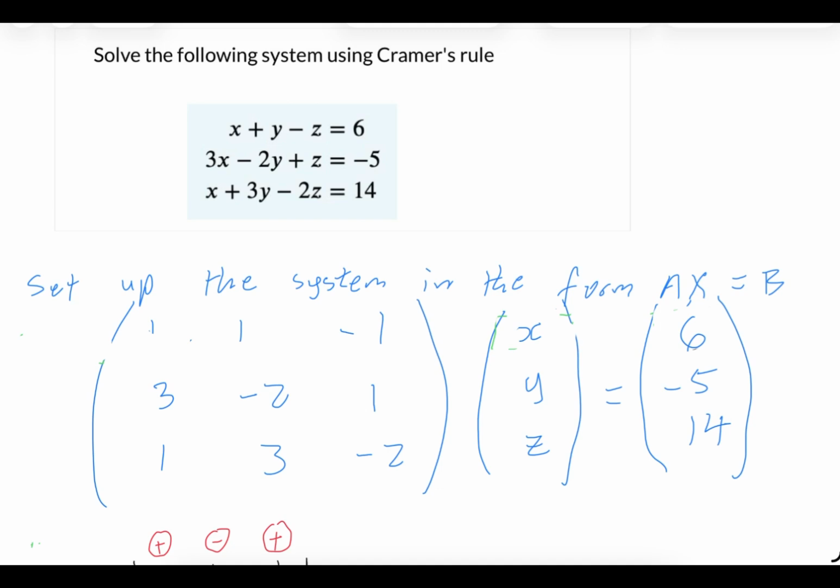So we're writing all the coefficients without the variables. Then we have the variables matrix, which is x, y, and z, and the results matrix B, 6, negative 5, 14.